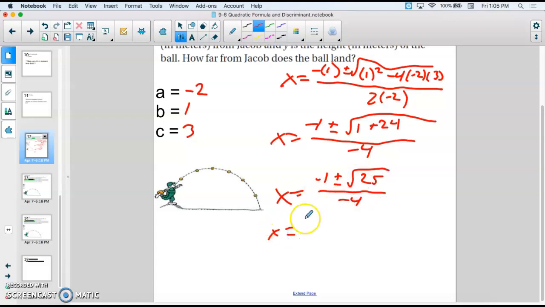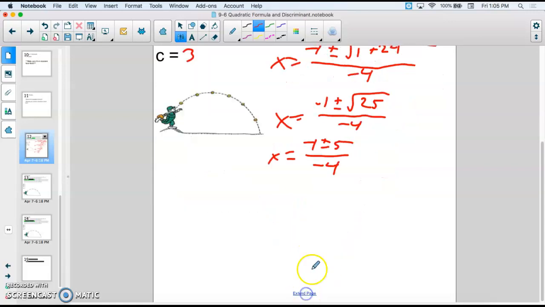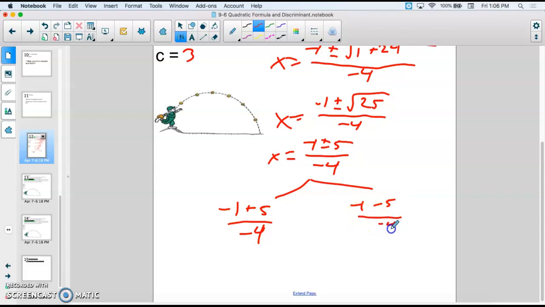This one might work out nicely for us because the square root of 25 is 5, all over negative 4. Now if you remember, here's where we split it up. We have negative 1 plus 5 over negative 4, and we have negative 1 minus 5 over negative 4. And we solve each one individually.